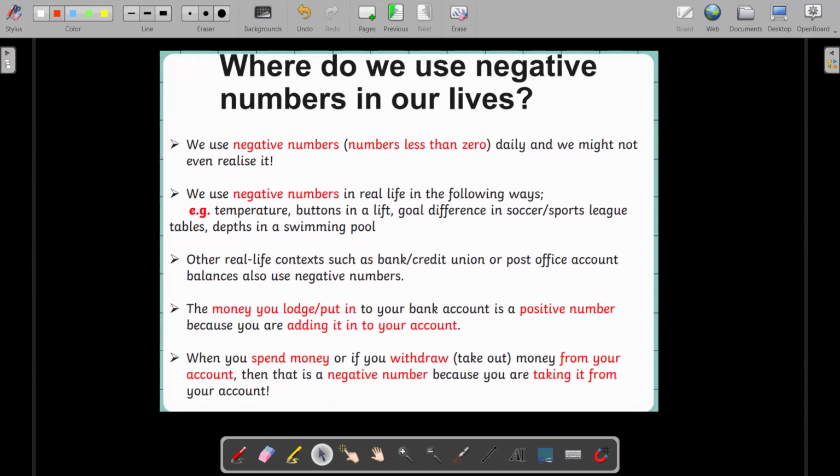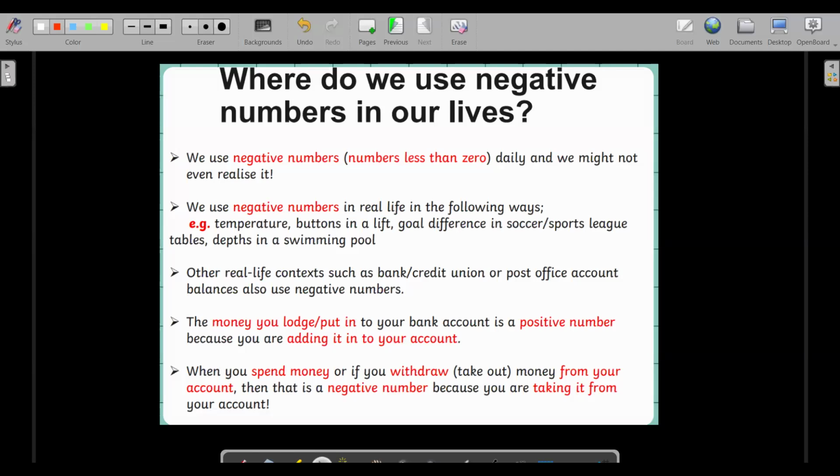Where do we use negative numbers in our lives? We use negative numbers less than 0 daily, and we might not even realize it. We use negative numbers in real life in the following ways: temperature, buttons in our lift, goal differences in soccer, sports leagues tables, depths in our swimming pool.